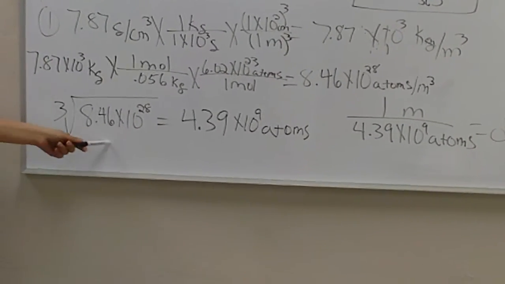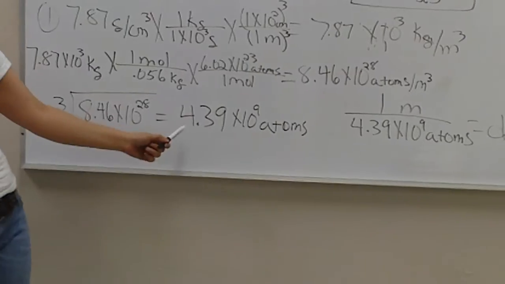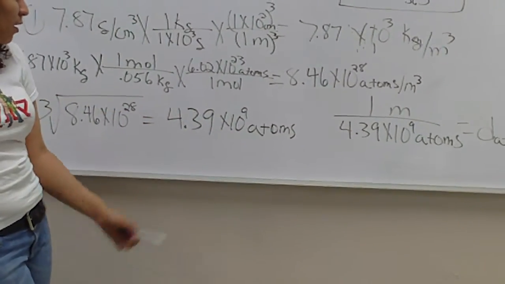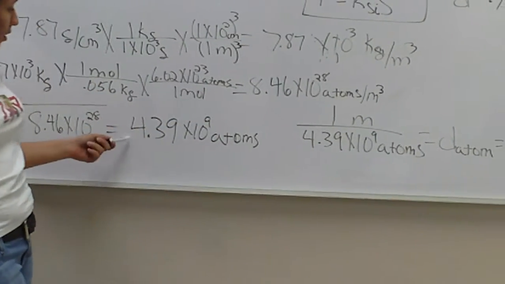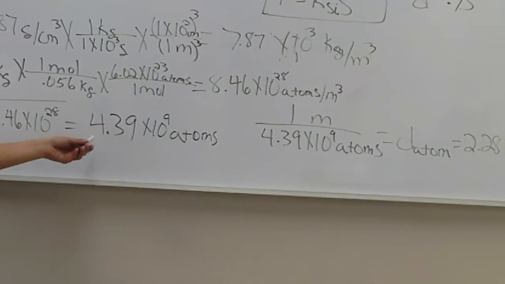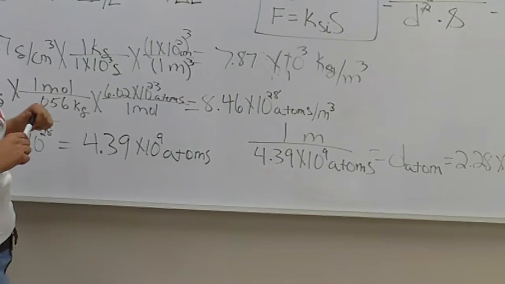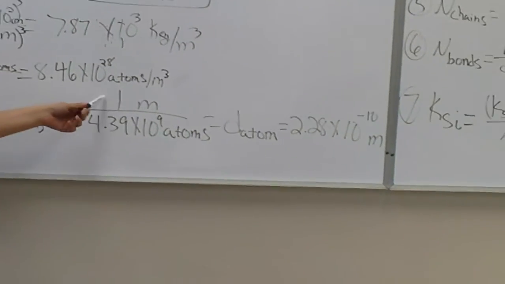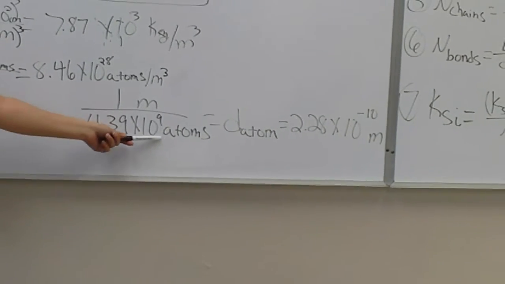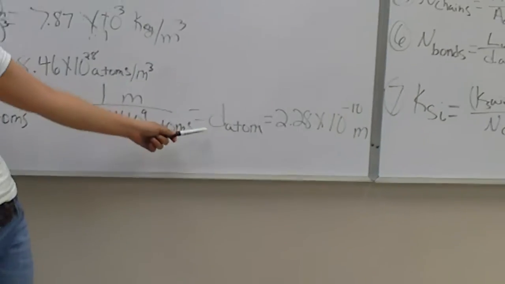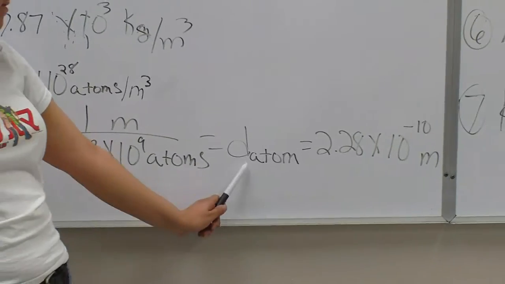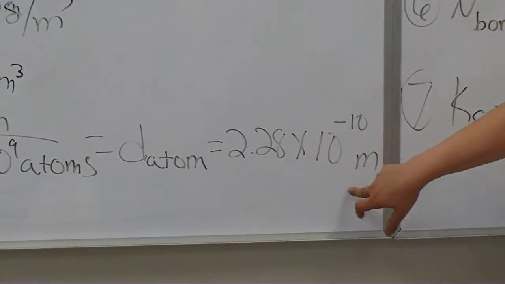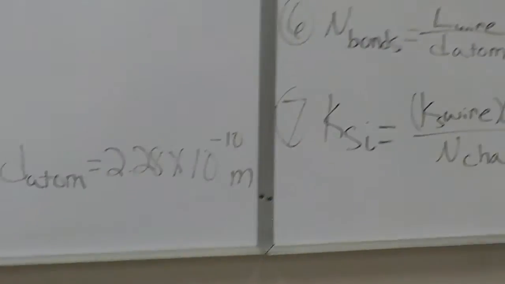So we take the cube root, and we're left with 4.39 times 10 to the 9 atoms. That is how many atoms they have in 1 meter of the wire. From there, we divide 1 meter by the number of atoms to find the diameter of the atom, and we get 2.28 times 10 to the negative 10 meters.